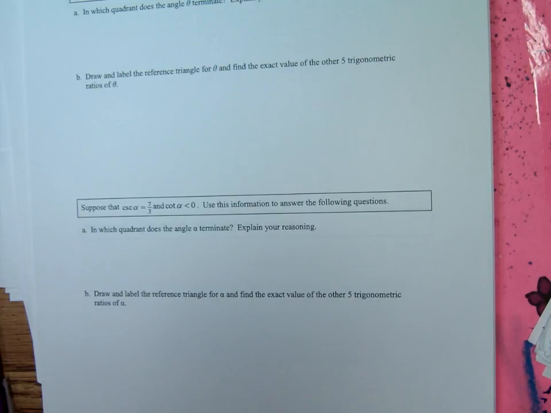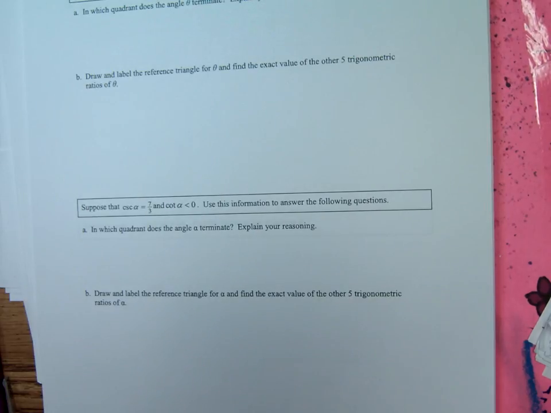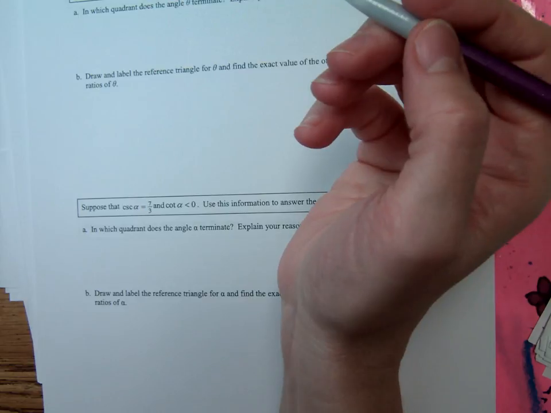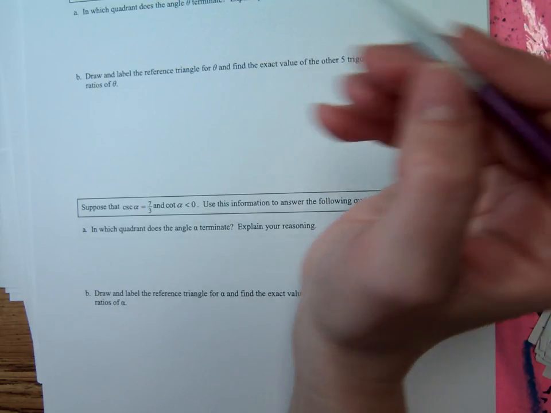In which quadrant does the angle theta terminate? Explain your reasoning. Any ideas?